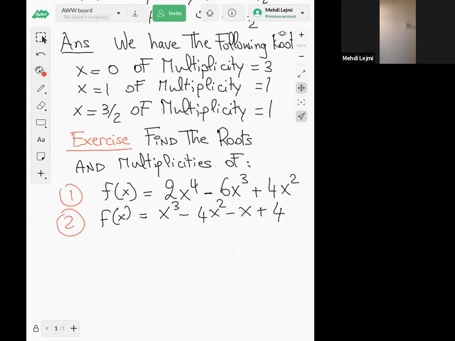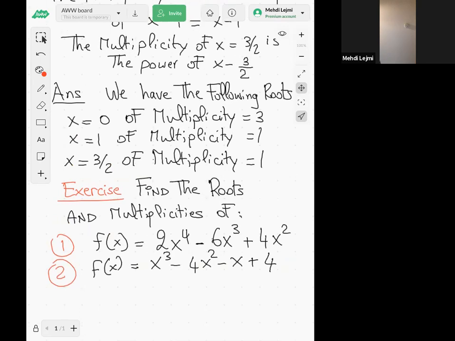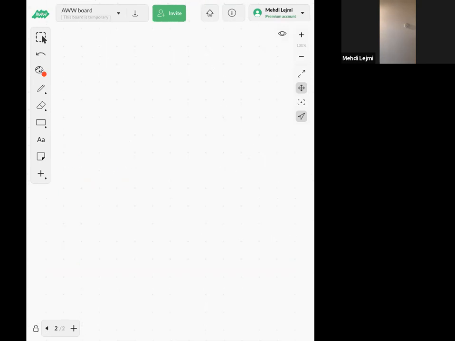okay, probably I'm going to move to the next page. Okay. So for number one, we have f of x, which is 2x to the power 4 minus 6x cubed, right, plus 4x squared, right?